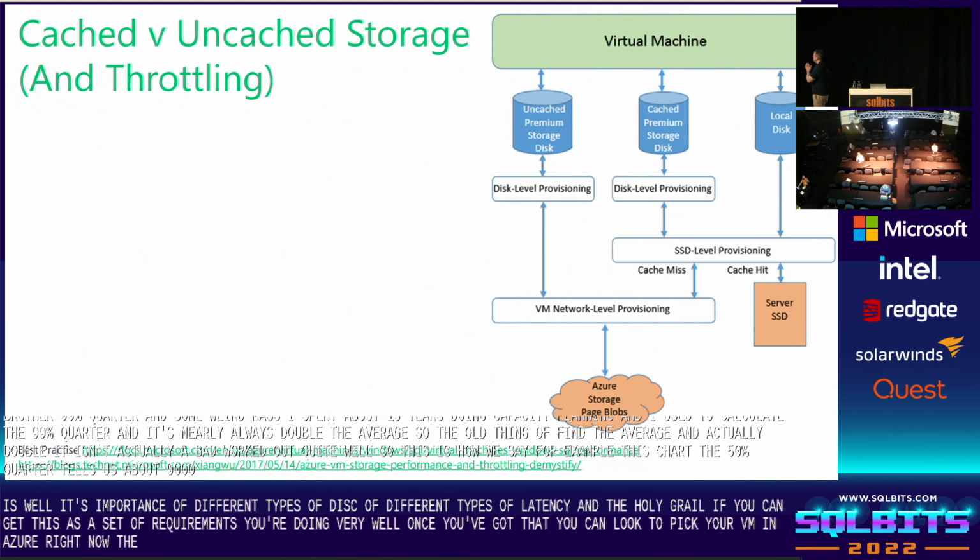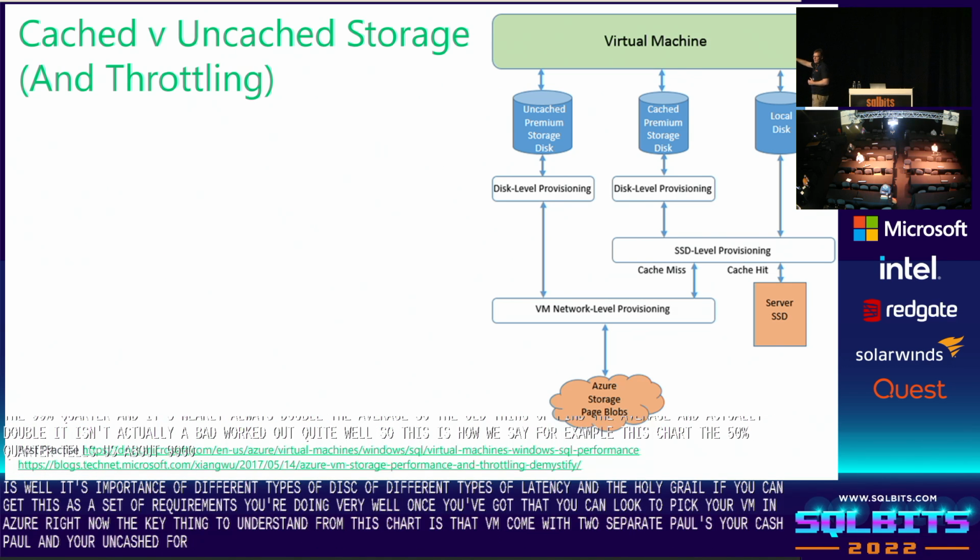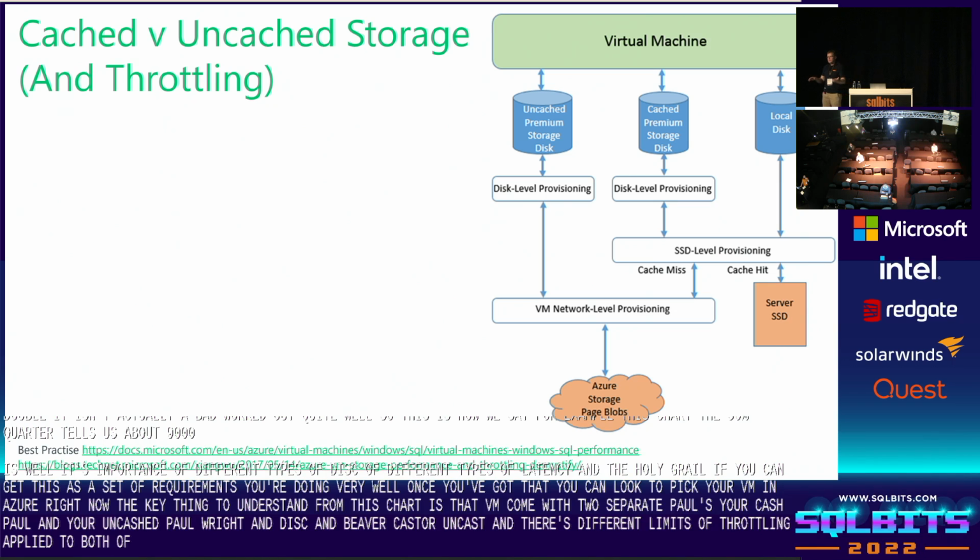Now, the key thing to understand from this chart is that VMs come with two separate pools, your cached pool and your uncached pool, right? And a disk can be either cached or uncached. And there are different limits of throttling applied to both of those, right?